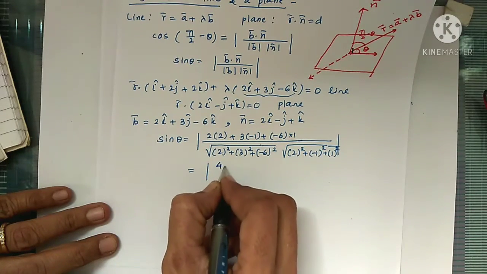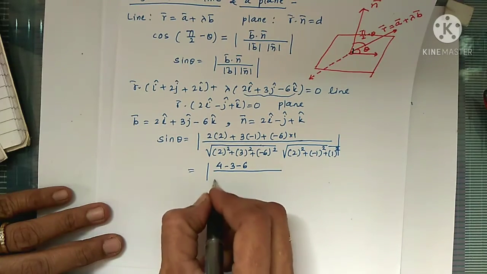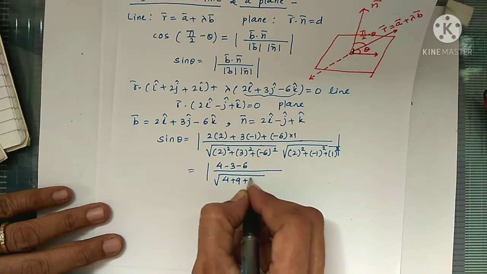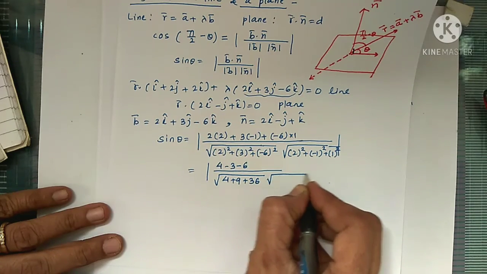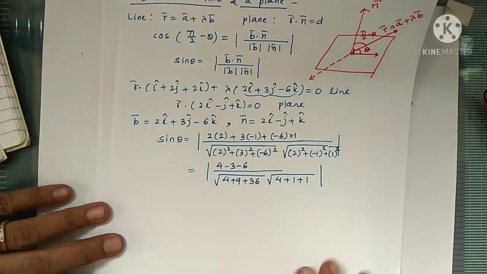So that is 4 minus 3 minus 6 over root 4 plus 9 plus 36 times root 4 plus 1 plus 1.